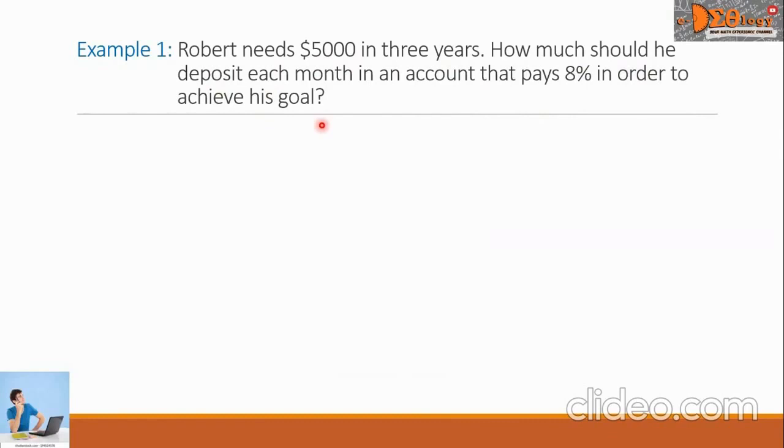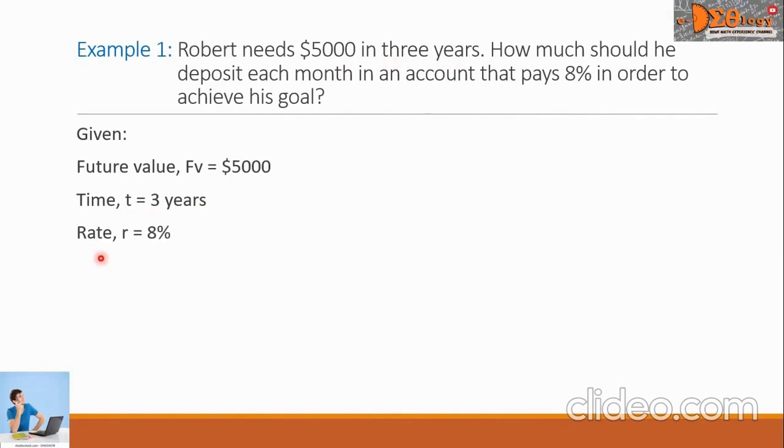Let us solve this first by writing the given of the problem, starting with the future value, that is FV, and that is $5,000, followed by time denoted by T, and that is 3 years.